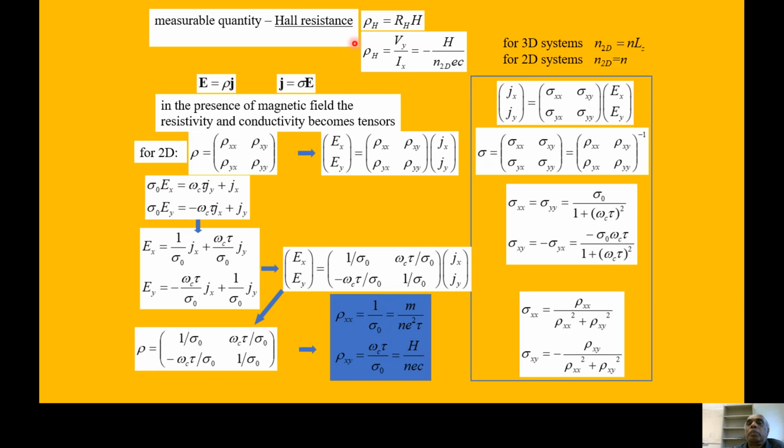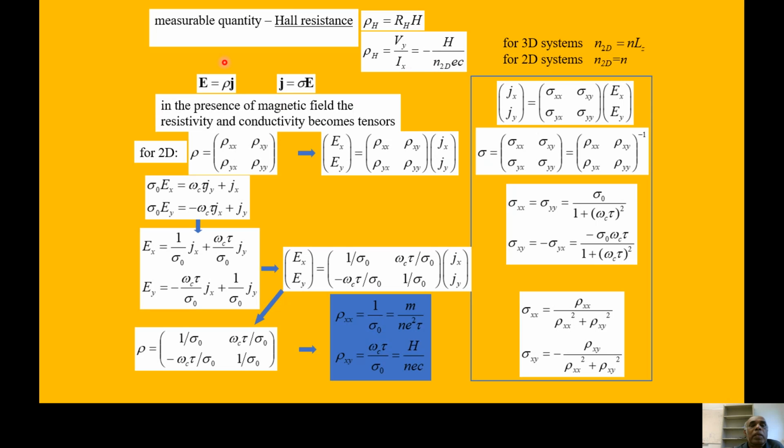It doesn't have B dependence, but Hall resistance is basically the Hall coefficient times B. Then rho H is the Hall potential difference, the Hall voltage, divided by the longitudinal current, right? That's how we got this B over NEC. If it is a two-dimensional case, this is basically N of the two-dimensional one.